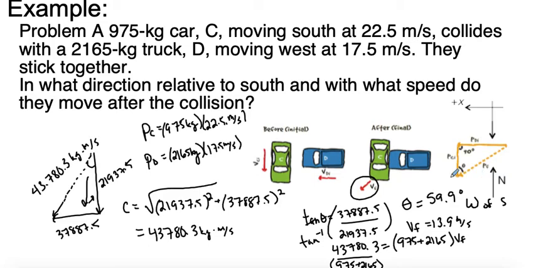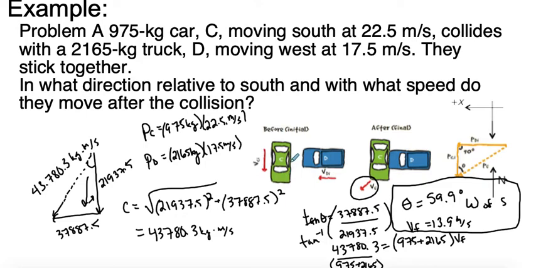So the system is now going 13.9 meters per second at 59.9 degrees west of south. So once you've done one of these problems, it's pretty simple to do another one just like that. Although if they collide together and then bounce apart in a perfectly elastic collision, then you would have to find the final velocities of each of the cars, and you have to know what direction they're going after that.